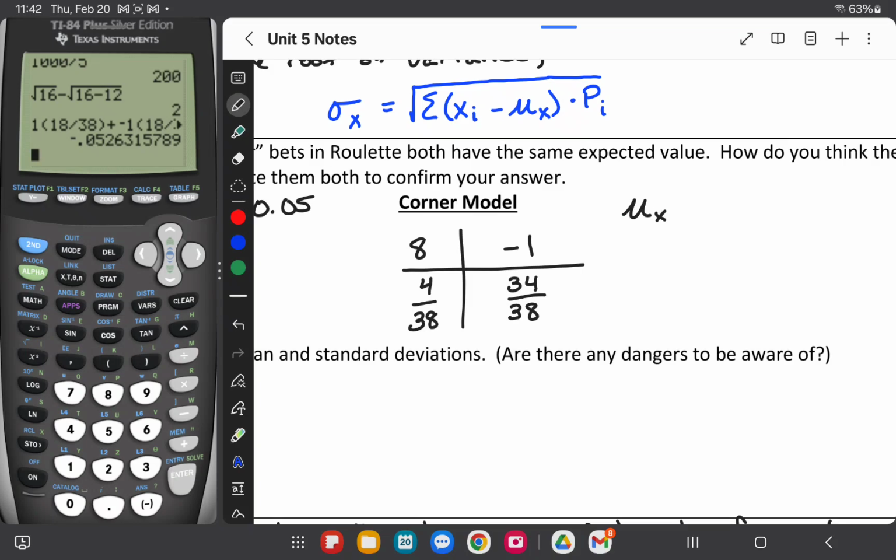So again, to find the expected value, we take the expected outcomes multiplied by their probabilities. So we'll take 8 multiplied by 4 out of 38 plus negative 1 multiplied by 34 out of 38, which is going to, again, give you the exact same expected value. So negative 0.05 if we round to the hundredths place.